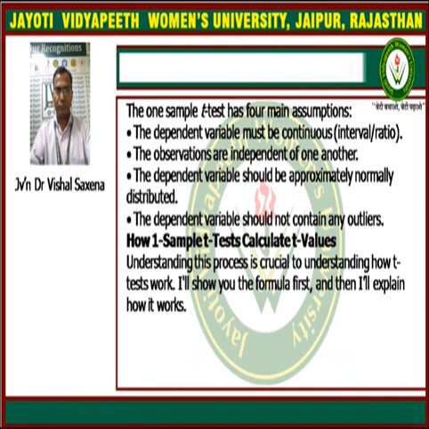Next, the one sample t-test has four main assumptions. So what are the four main assumptions for this one sample t-test? The dependent variable must be continuous. The observations are independent of one another.